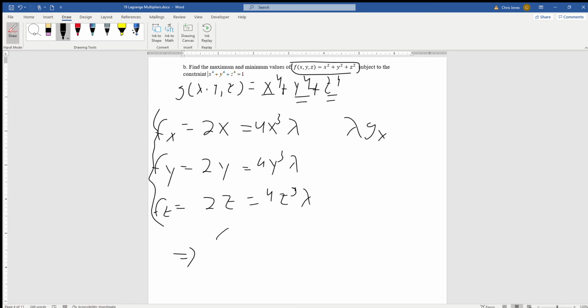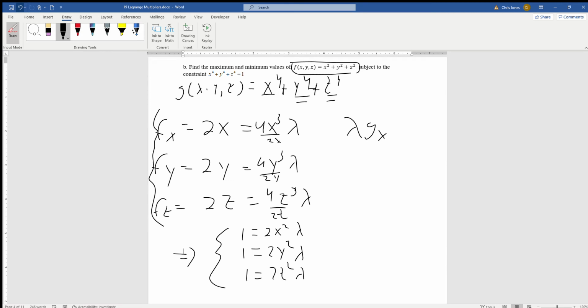If we divide this by 2x, this by 2y, and this by 2z, then we can say that 1 is going to be equal to 2x squared lambda, which is going to be equal to 2y squared lambda, which is going to be equal to 2z squared lambda.